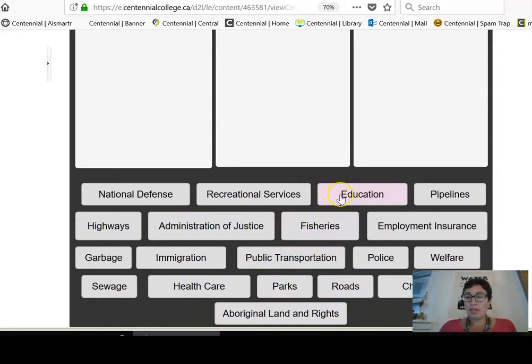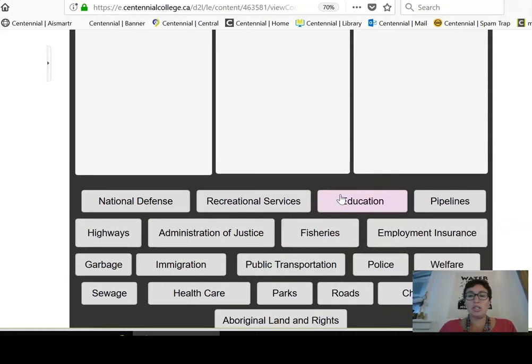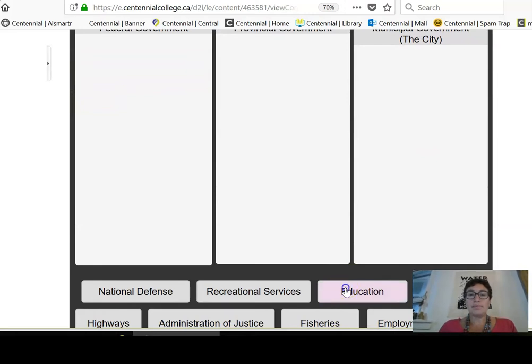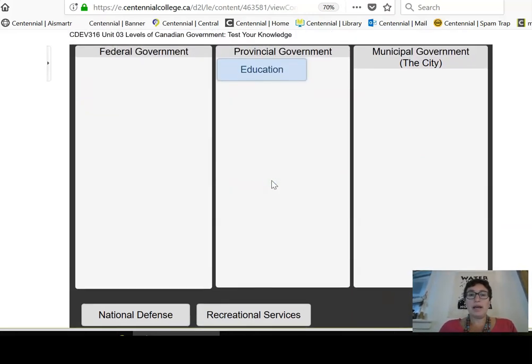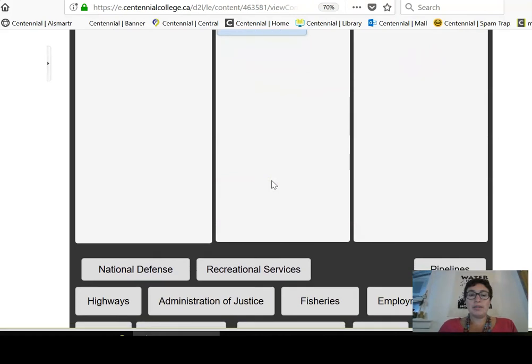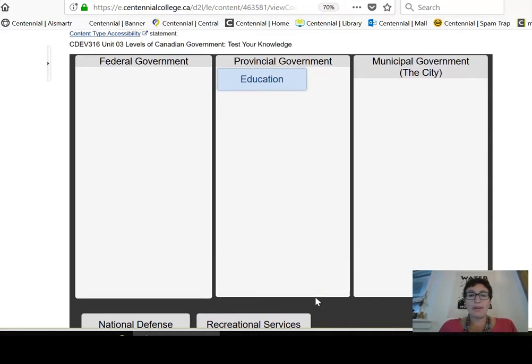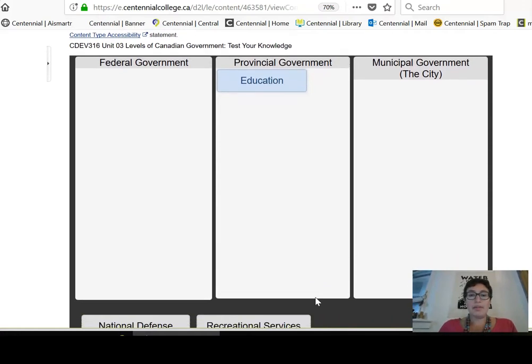So for example, education was one of the things that people talked about, the high cost of education. And education is the responsibility of the provincial government. Okay, so you're going to put all these different areas into the right level of government.